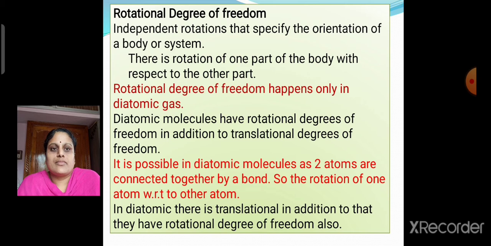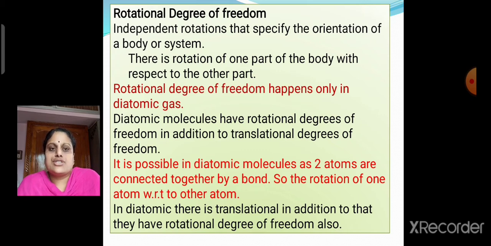Rotational degree of freedom happens only in the case of a diatomic gas. Diatomic molecules will have rotational degrees of freedom in addition to translational degrees of freedom. It is possible in diatomic molecules as two atoms are connected together by a bond. So, there is rotation of one atom with respect to the other atom.